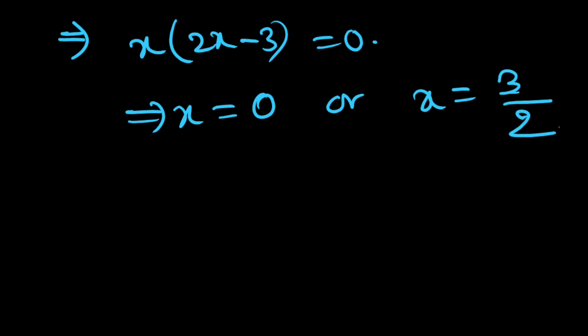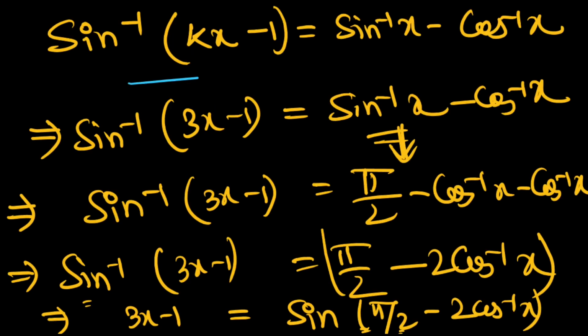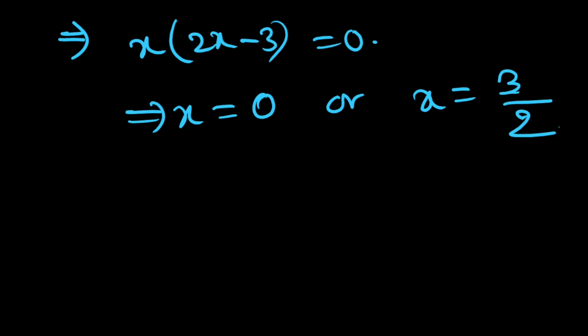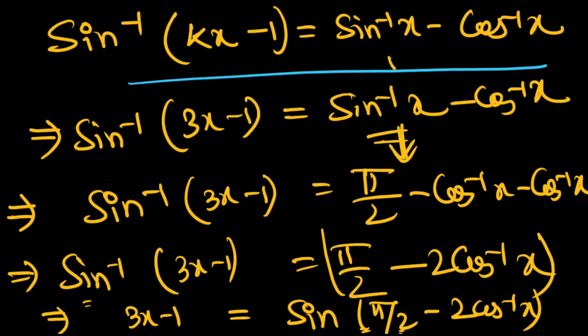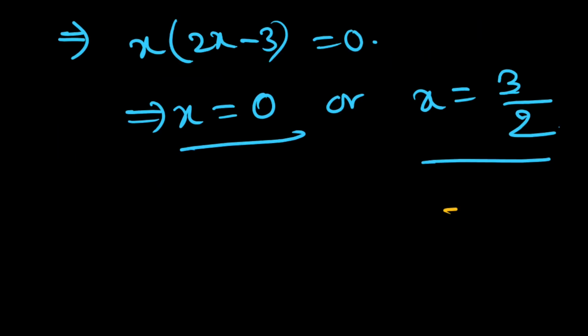The question asks for the number of solutions of this equation. We got two values, x is equal to 0 and x is equal to 3 by 2. Now the question is whether these two values are solutions. If you carefully observe this equation, sine inverse x and cos inverse x are involved, and their domain is minus 1 to 1.